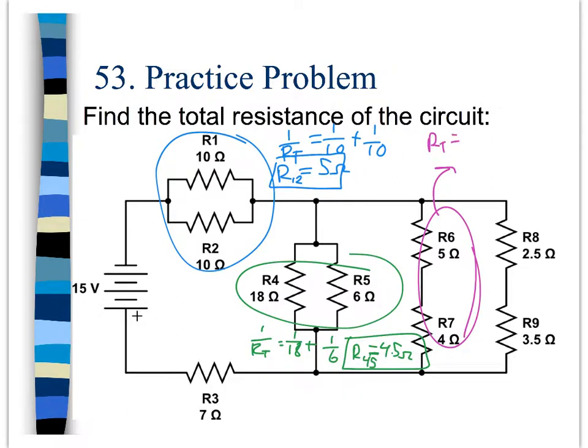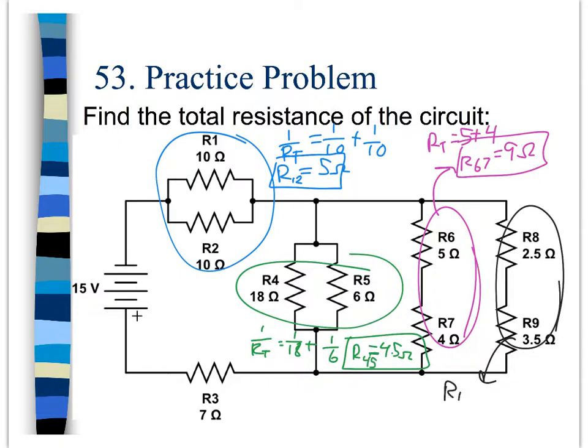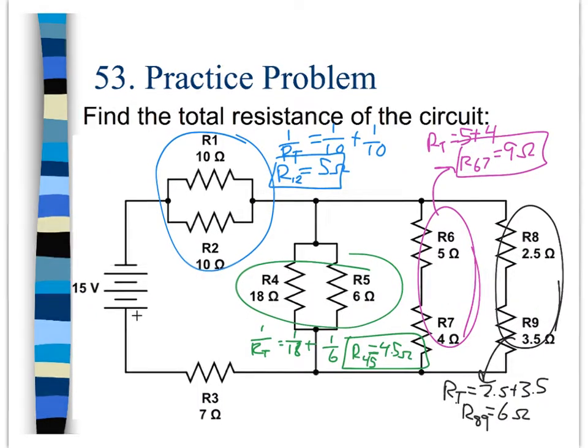So it's just going to be 5 ohms plus 4 ohms, and so R67 is equal to 9 ohms. All right, and lastly we have resistors 8 and 9 here. Once again, another simple series combination, so we're just going to add those 2, 2.5 and 3.5, and so we get a total resistance here of 6 ohms for R89.